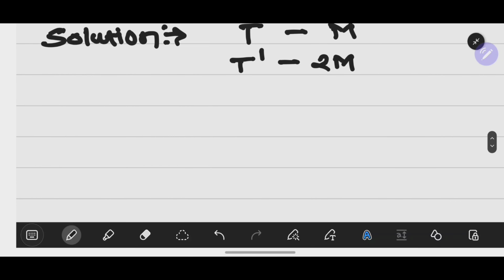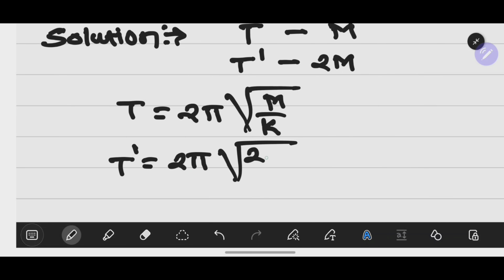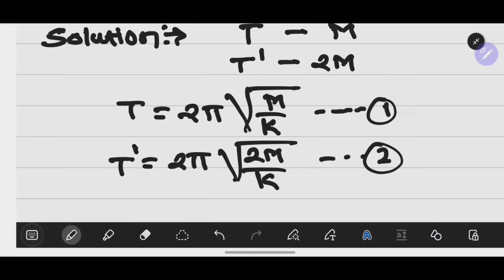Then, as we saw previously, t is equal to 2 pi under root of m by k, and t dash is equal to 2 pi under root of 2m upon k. This is equation number 1. This is equation number 2.